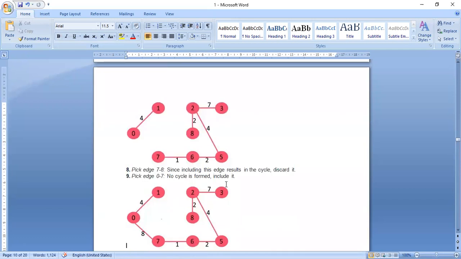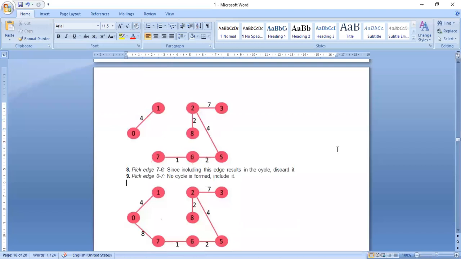So in the 9th step, I am adding 0 to 7. Is there any cycle formed? No. If I add 0 to 7, no cycle is formed. So I added the edge 0 to 7 with weight 8.